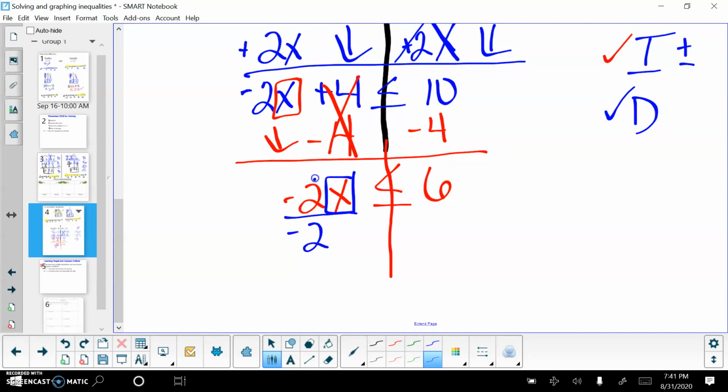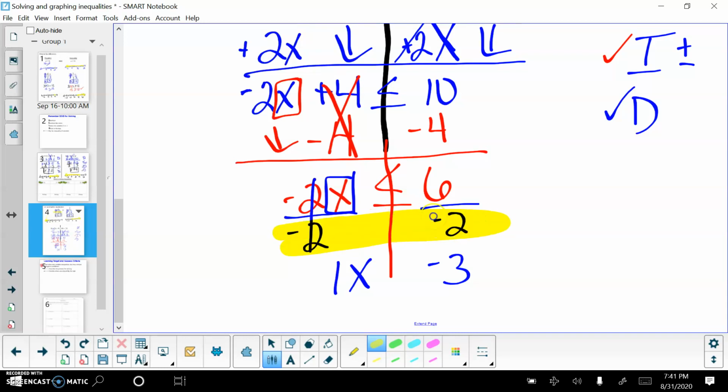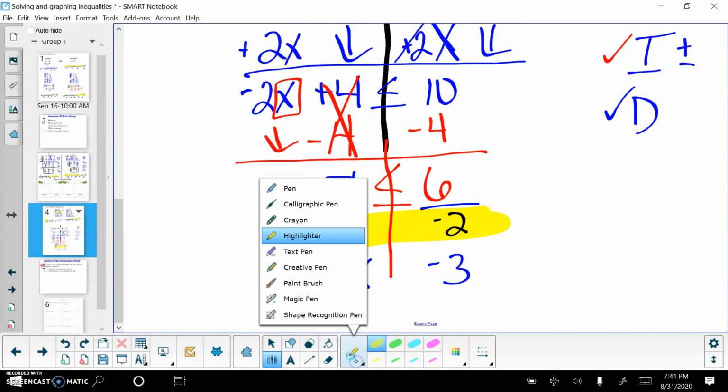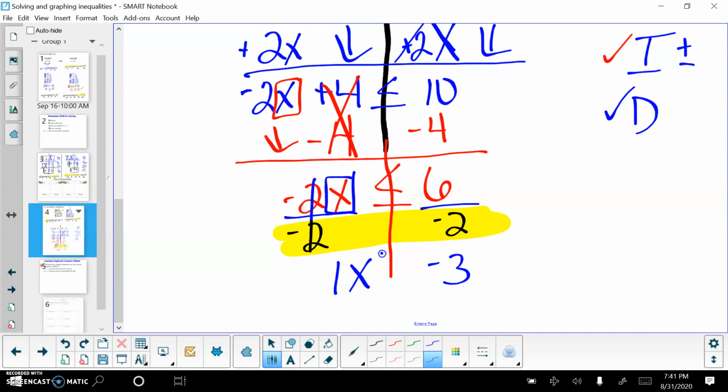Negative 2 divided by negative 2 is a positive 1, so I get 1x. But then I need to divide over here. And 6 divided by negative 2 is negative 3. But since I divided both sides by a negative 2, that's when I need to flip my sign. So then my answer is x is greater than or equal to negative 3.